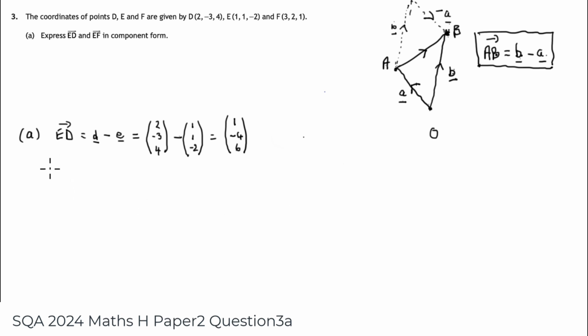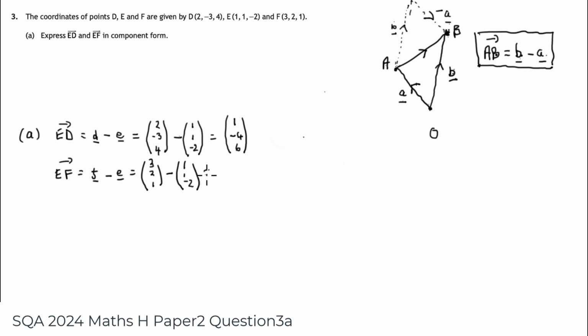And similarly, we'll do EF in terms of position vectors. That would be position vector of F minus position vector of E. Position vector of F has components 3, 2, 1. And the components of position vector of E, 1, 1, negative 2.